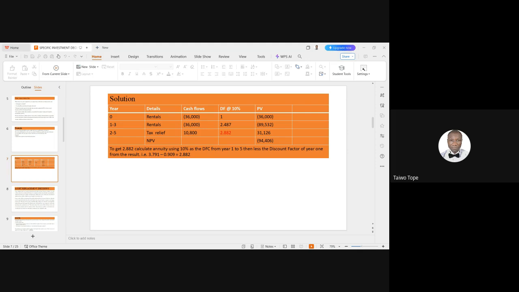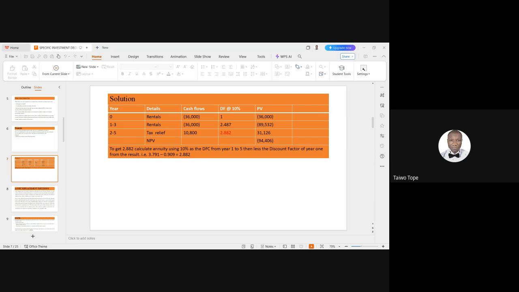Now, I've applied annuity here. From year 1 to 3, we have the rentals to be 36,000. Since they are constant cash flows, we can apply our annuity, and the discount factor at 10%, using annuity formula, you have 2.487 multiplied by 36,000, you have the present value of 89,532.